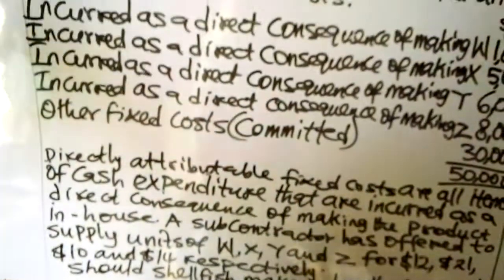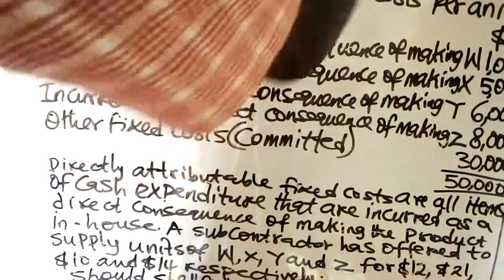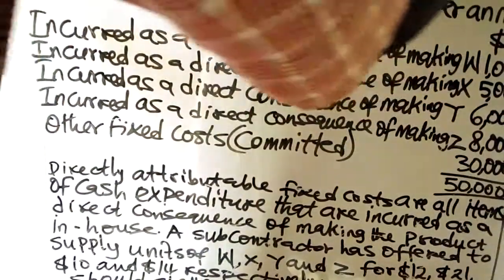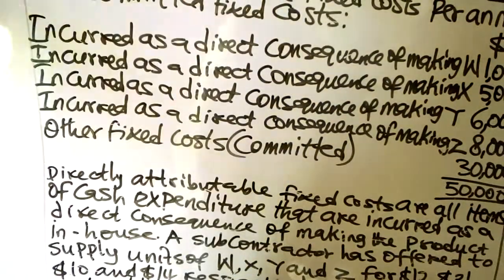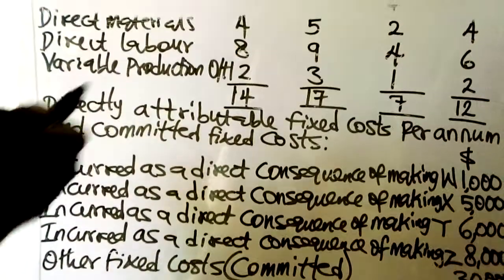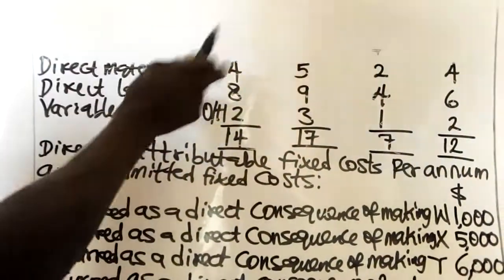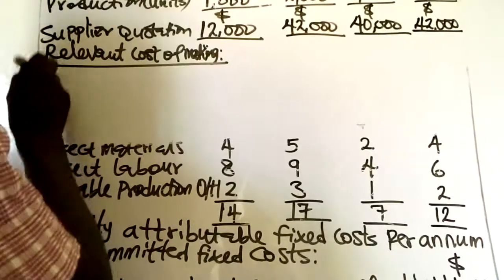Try to watch my lecture on relevant costing for better understanding. So the relevant costs now include materials, direct materials.